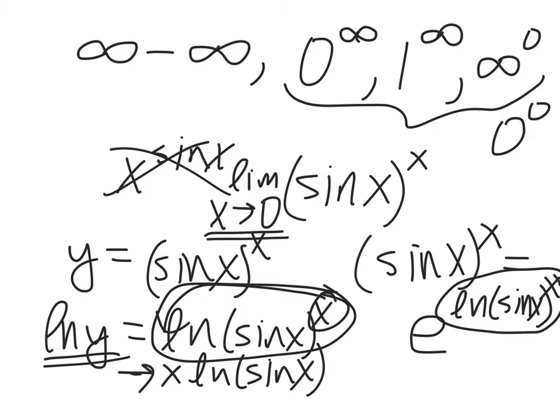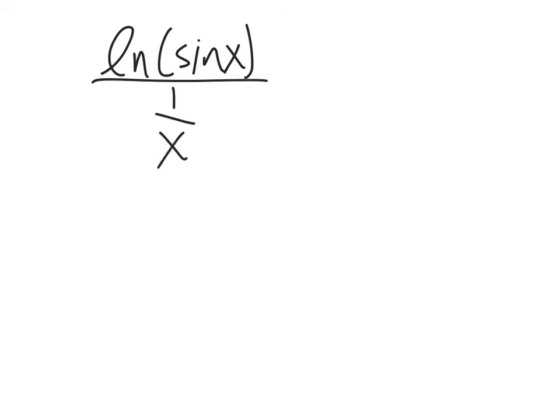So we would still, that's another one of those forms, indeterminate forms, that we have to rearrange the form of it. And usually when we have an x times something, we can make that the something divided by 1 over x, creates the fraction. So let's see what happens when we do that. We've got our natural log of sine x. We'll leave in the numerator, and then the x turns into the 1 over x in the denominator.